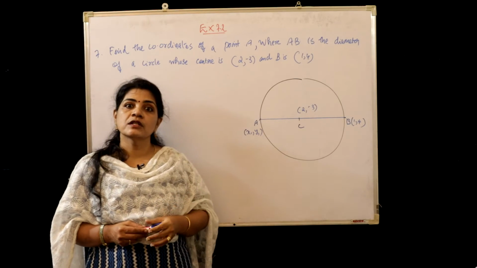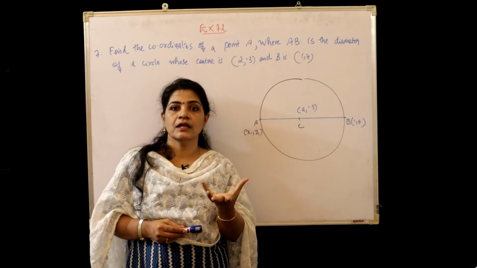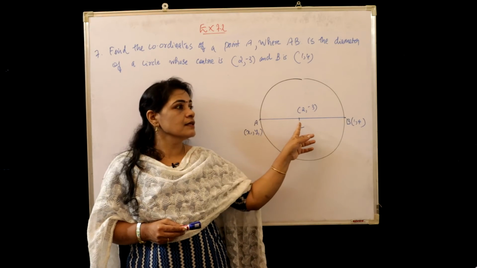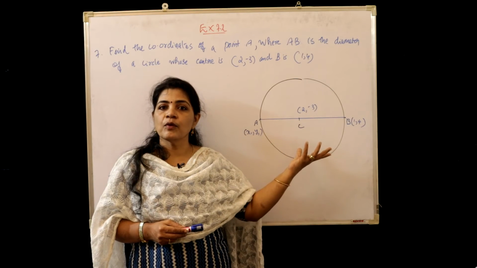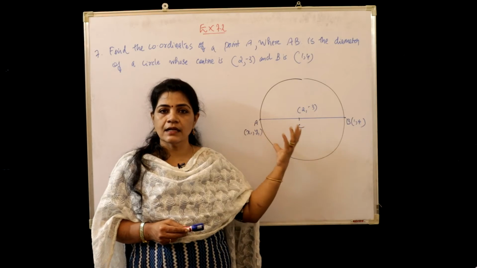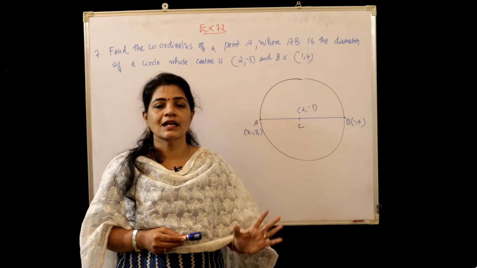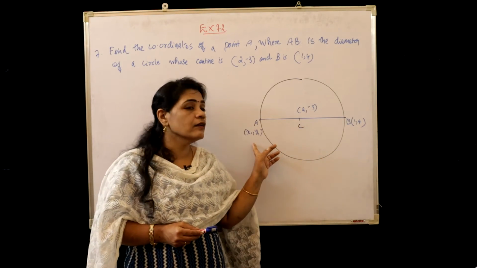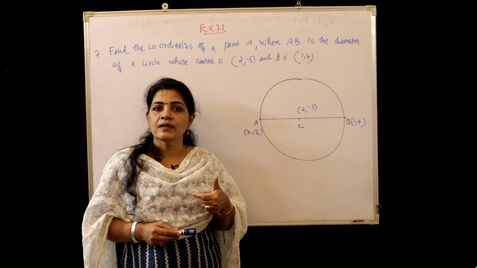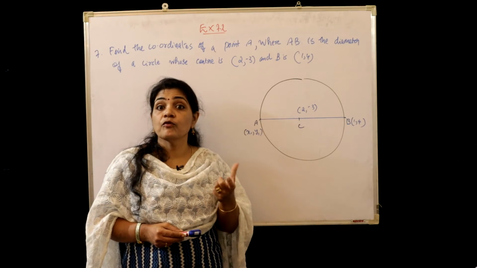It is clearly mentioned in the question that it is a diameter. Diameter means that the center is the midpoint, okay, that means the center divides it equally, that is known to everybody. So you can get this x1, y1 using which formula? We can use the concept of midpoint.